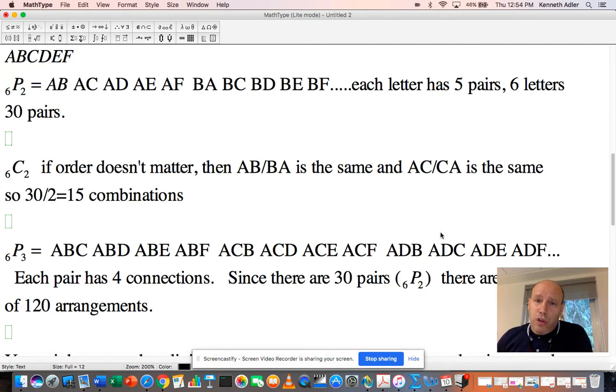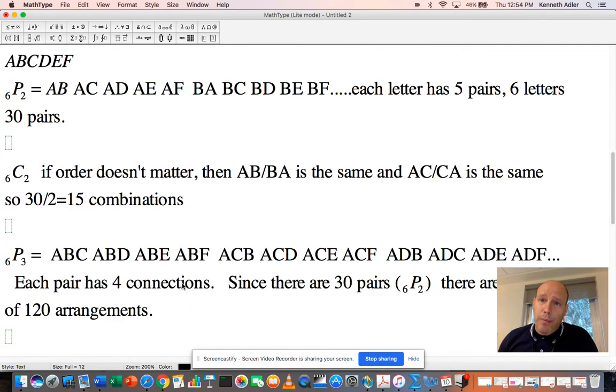But how do I look at that just by counting? Well, each pair has 4 connections. AB has C, D, E, F. AC has B, D, E, F. AD has B, C, E, F. So each pair has 4 connections.